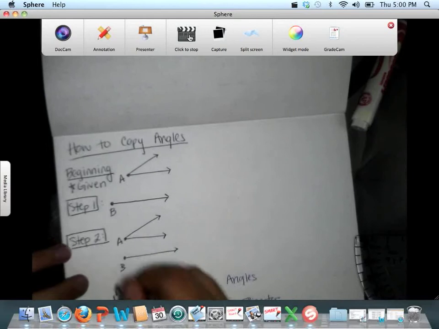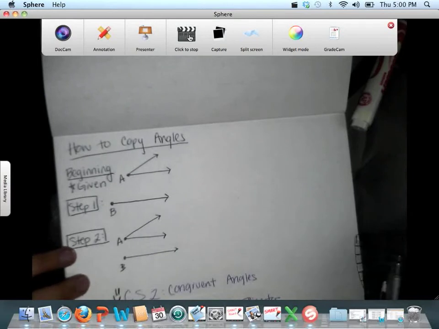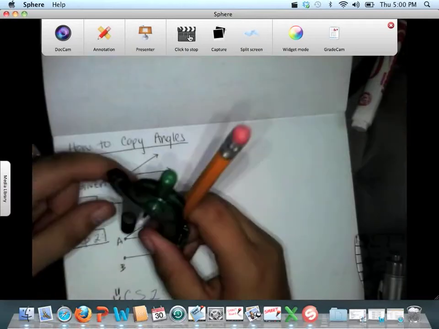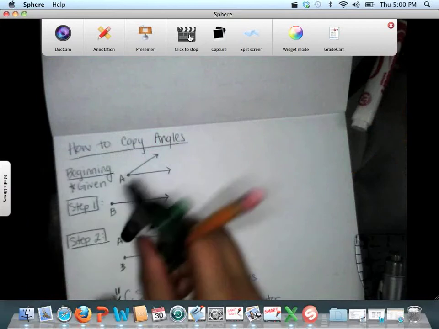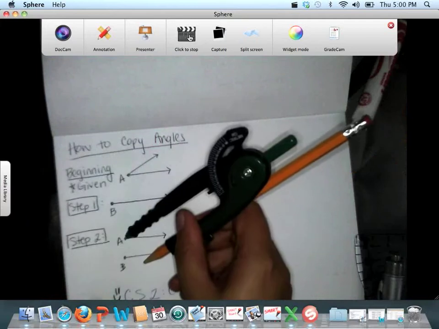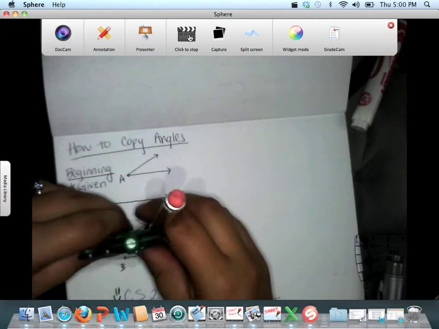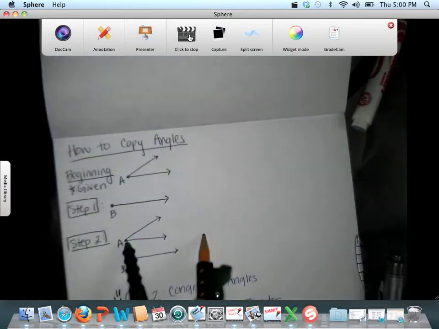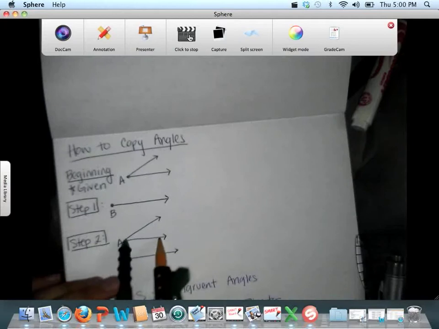You take your compass, and the pointy part is going to go on A, the vertex. Then you open it up a little bit. Don't make it so big that it's bigger than your angle. Just close it so it's about halfway, or less, it doesn't matter.